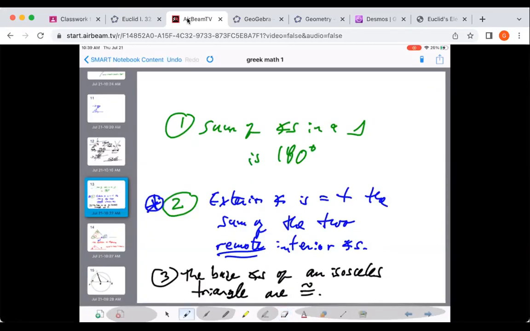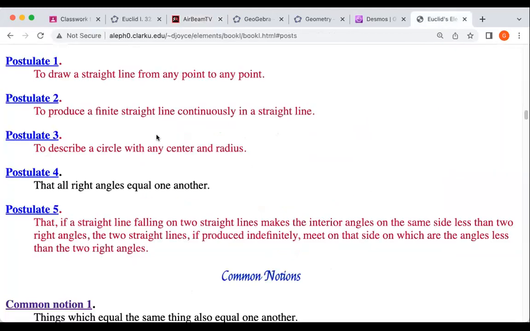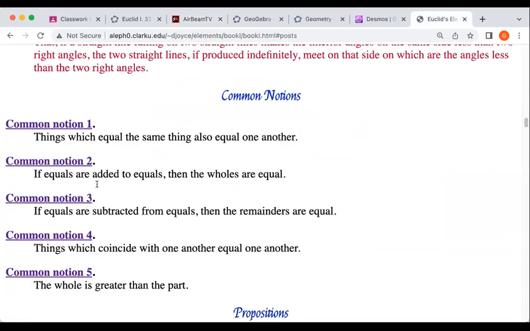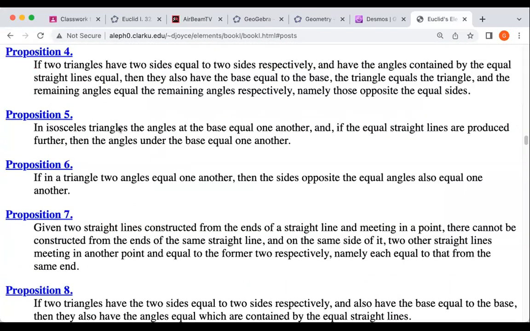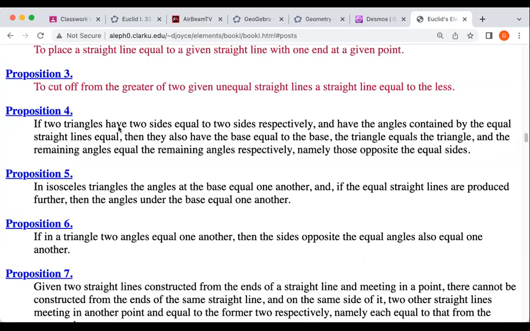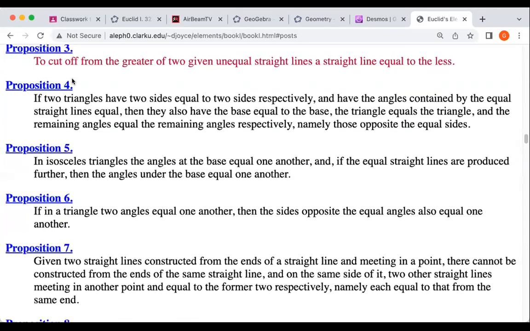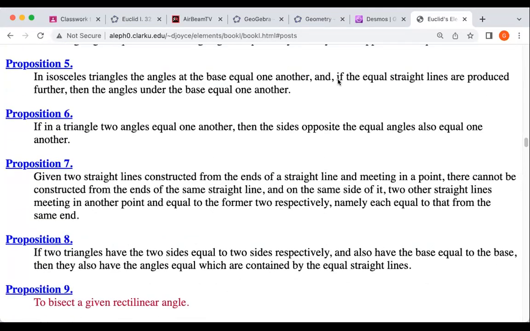And the proof is actually pretty hard. It actually has a funny name. Let me just see where it is. Oops, someone's coming in. Here you go, Proposition 5. In isosceles triangles, the angles at the base equal one another. That's very early in Euclid's Elements. Do they say that?